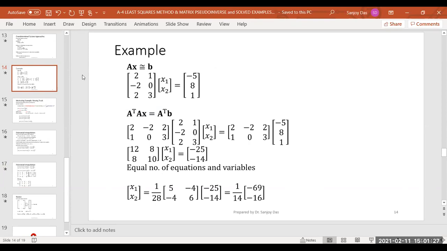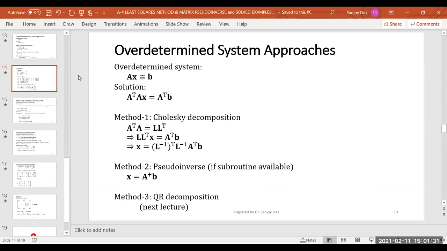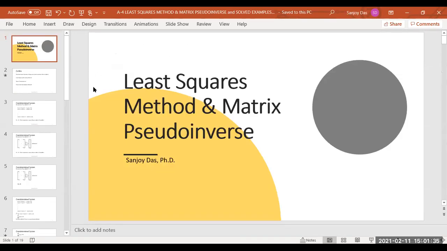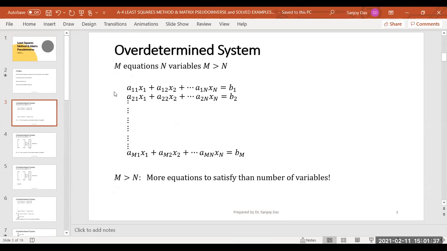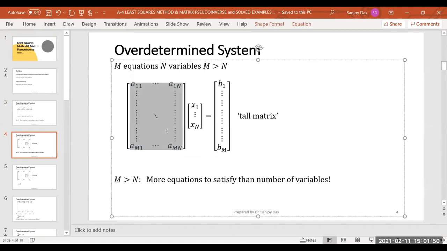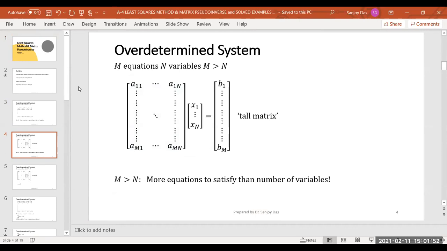If it's a 3 by 2 matrix, then its rank must be 2. So here we have m rows and n columns, right? So the rank of this matrix must be n. Okay.